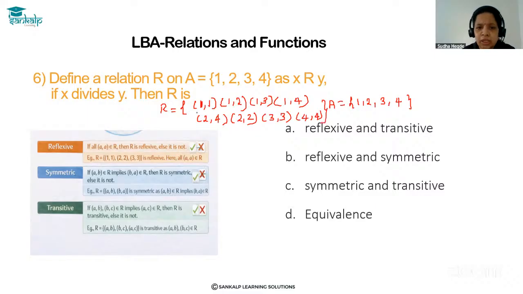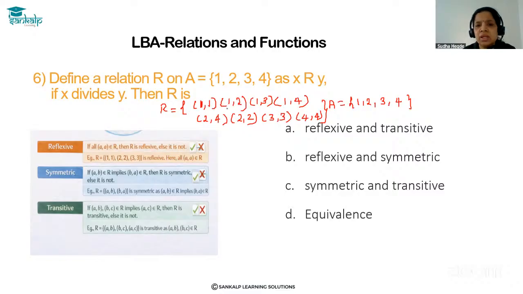You need to first write the relation in which form? Set builder or roster? It is roster form, to write all the elements. List out all the elements satisfying the relation.